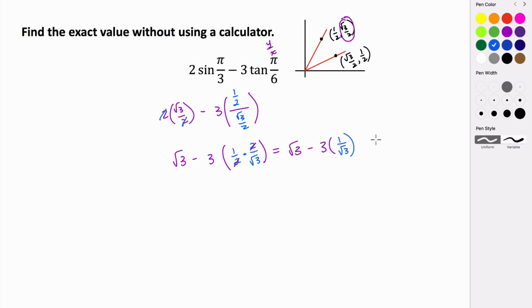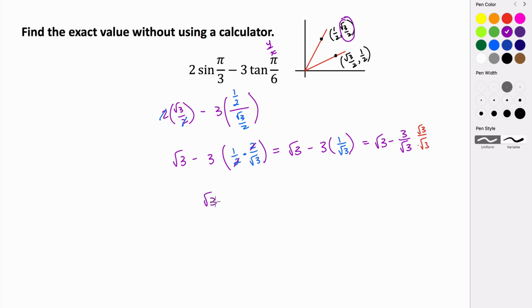And we can take this product here, and we get square root of 3 minus 3 over rad 3. And then rationalize. And to rationalize, we're going to multiply the numerator and denominator by the square root of 3 for the second term. And we get 3 rad 3 over 3.